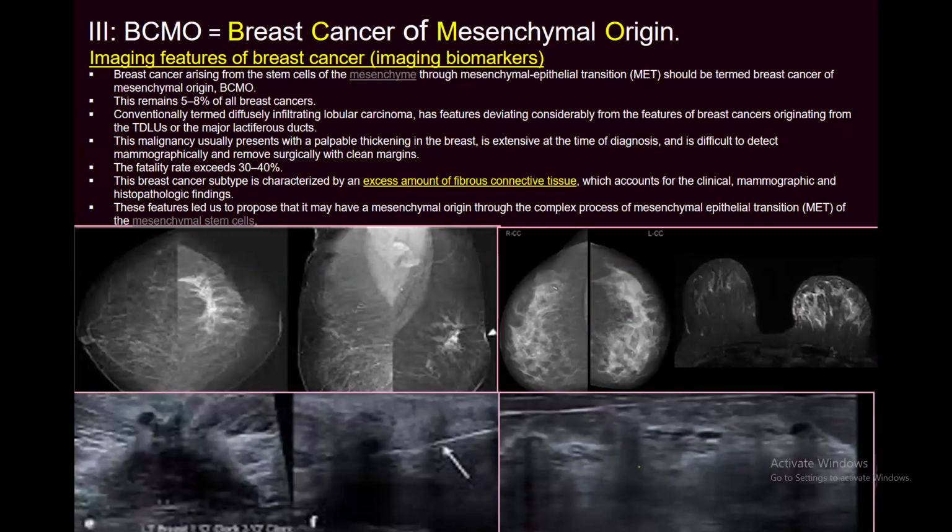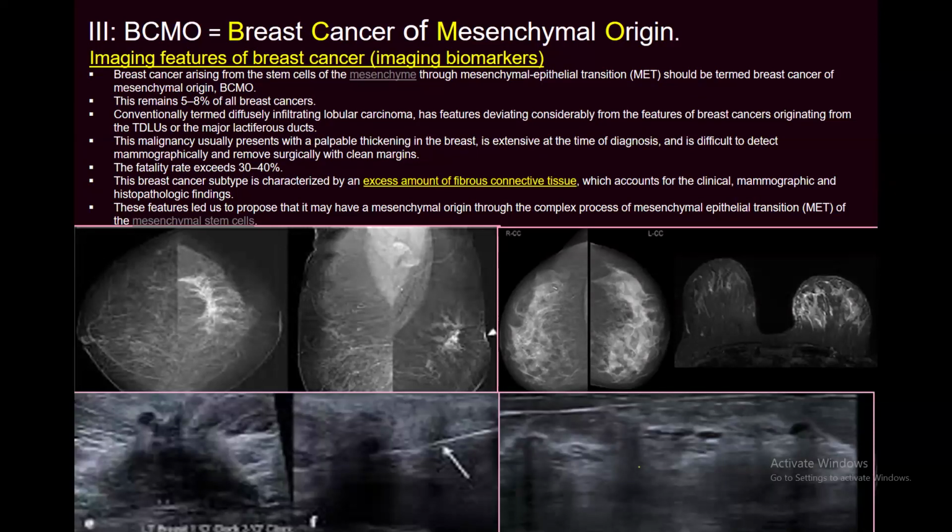The third subgroup is the breast cancer arising of mesenchymal origin, okay? As we mentioned before, there is transformation of stem cells of the mesenchyme into epithelial cells that become cancerous, and it represents 5 to 8%.